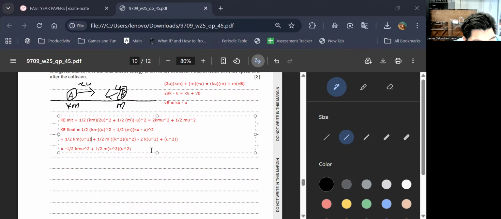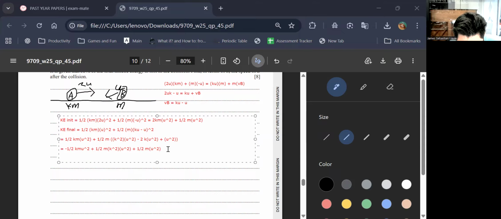So to solve this, use brackets on everything. Plus half u squared.